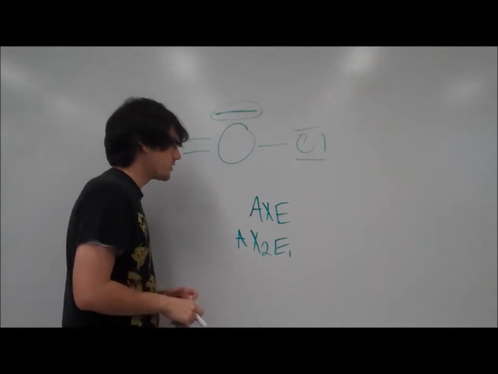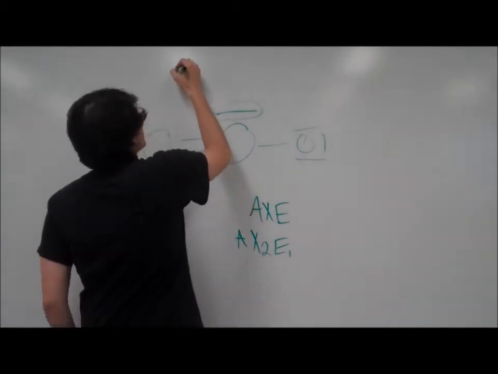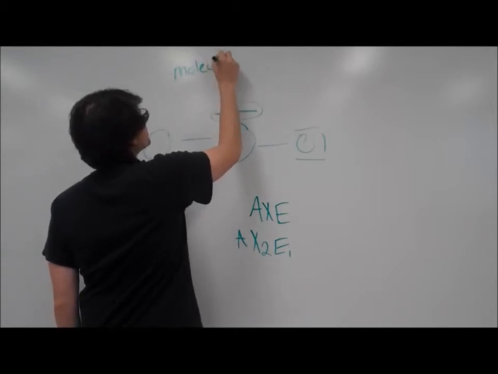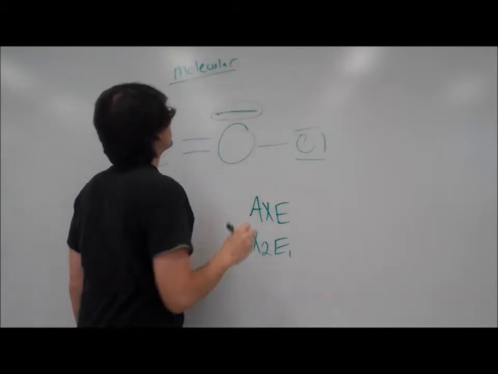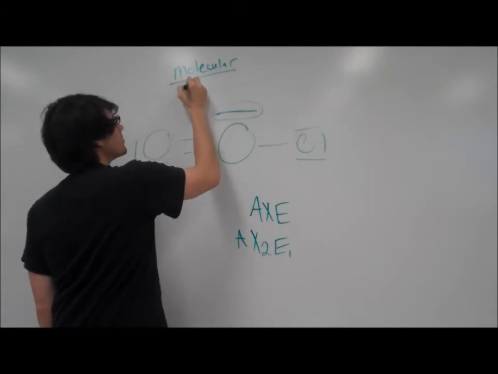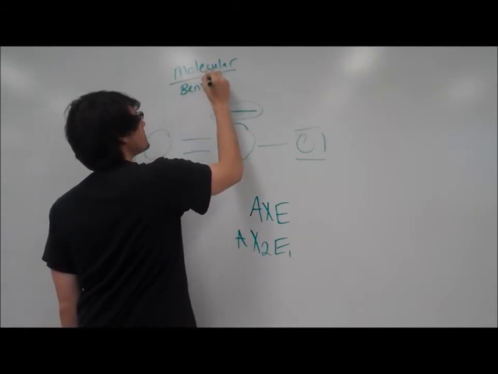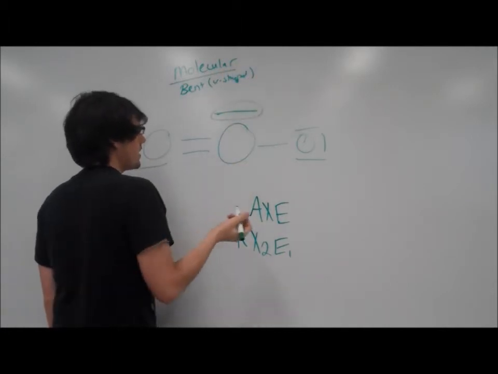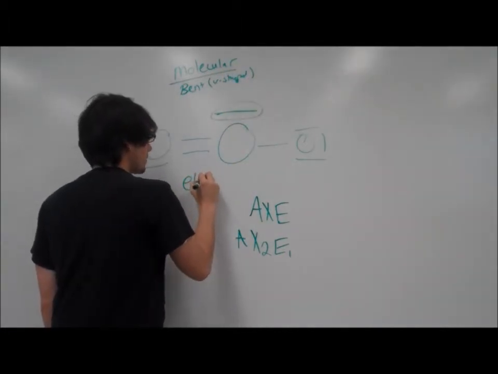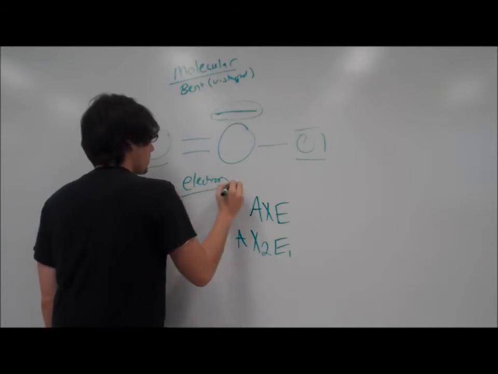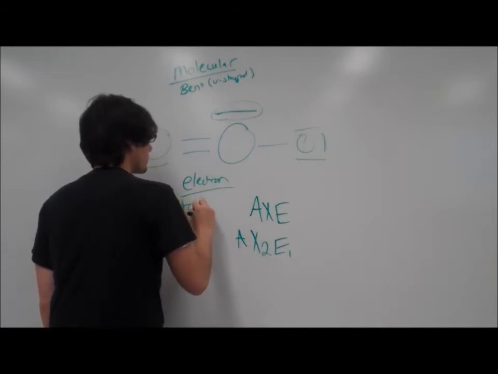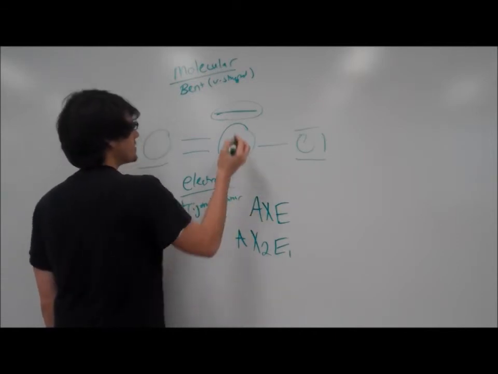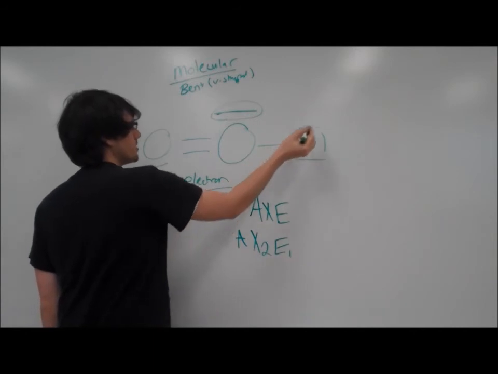Referring back to the chart in our lab manual, you can verify that the molecular geometry will be bent or V-shaped. And our electron geometry would be trigonal planar, because there are 3 electron bonding zones.